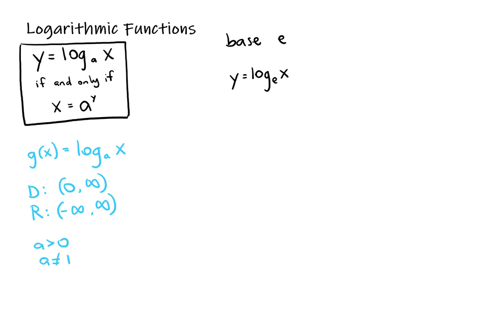So you won't ever see anyone write log base e. What they really write is natural log. And since they write it in French, they say log naturel. So it's ln. And if you ever see ln of x, what it means is log base e of x.